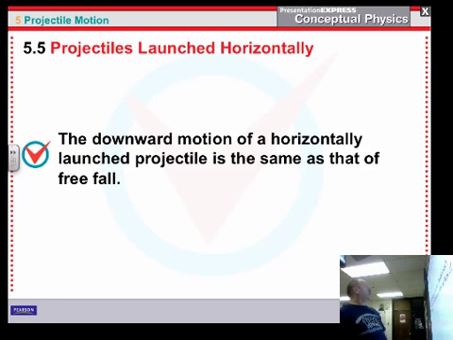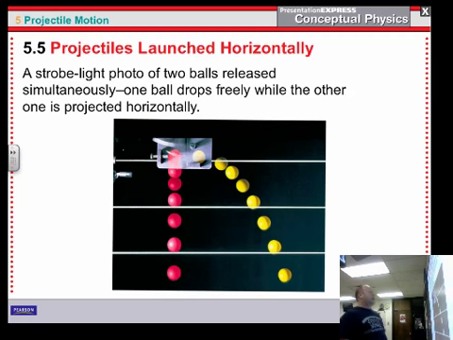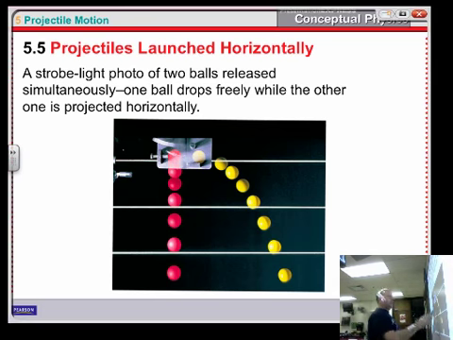Okay, so now let's talk about projectiles launched horizontally. Let's say you throw it out horizontally. Here's an example of a strobe light photo. They had a strobe light taking a picture every, I don't know, 50th of a second, 30th of a second, who knows. This particular ball, the yellow one, is thrown out this way.